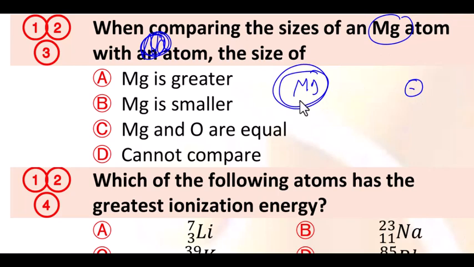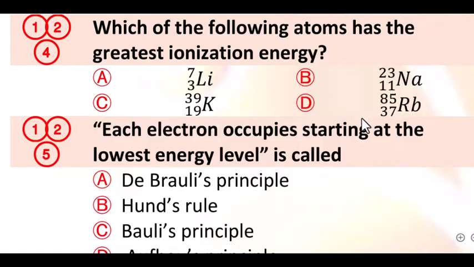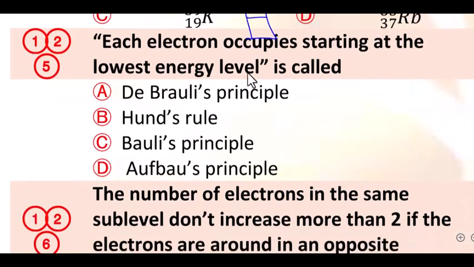In the periodic table, magnesium is in group number 2 and oxygen in group 16, so magnesium is greater than oxygen. Which of the following atoms has the greatest ionization energy? Which one is to the left and up? Here all are in group 1, so which one is up? Lithium is up. So lithium has the greatest ionization energy in group 1.